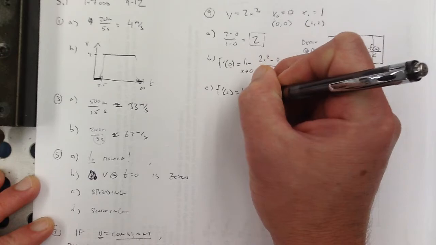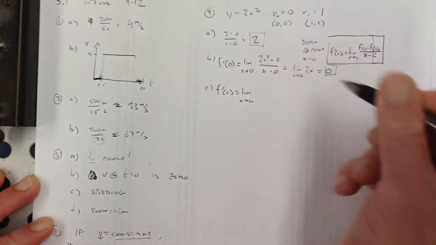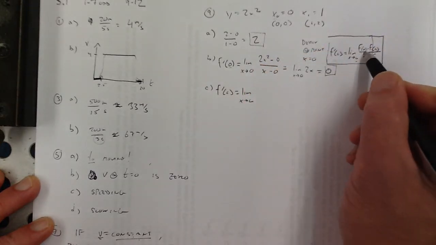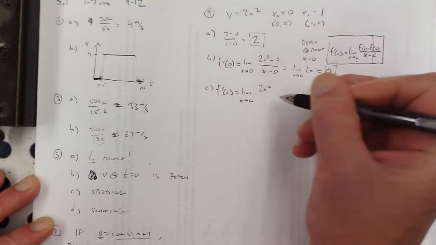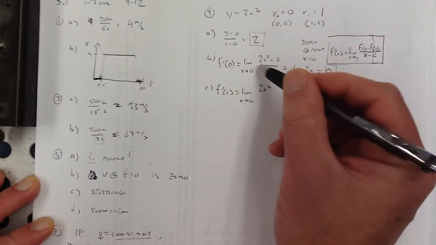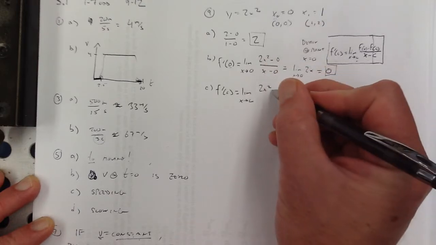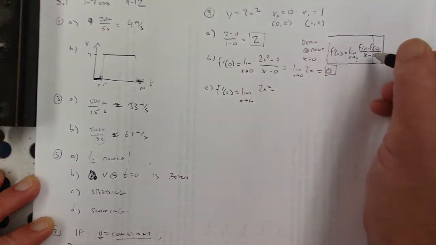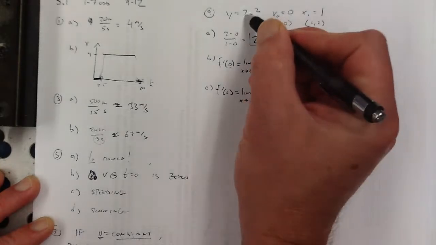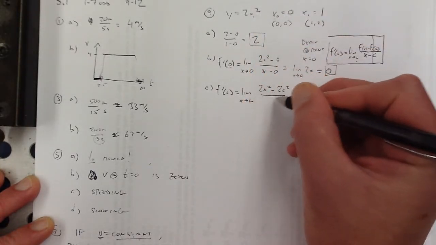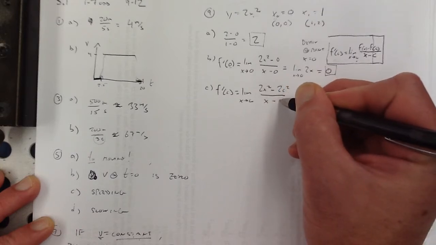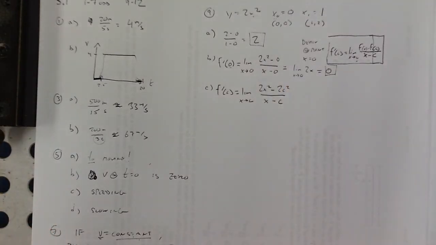Well, it's the limit as x approaches c of f of x. So whatever you put here, that's not going to change this. This is always f of x minus f of c. So let's see, that's this with c plugged in over x minus c.